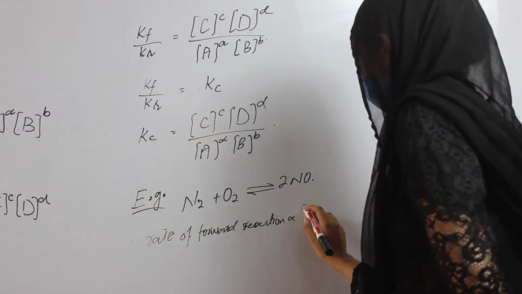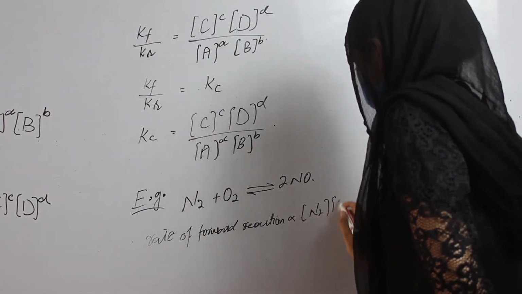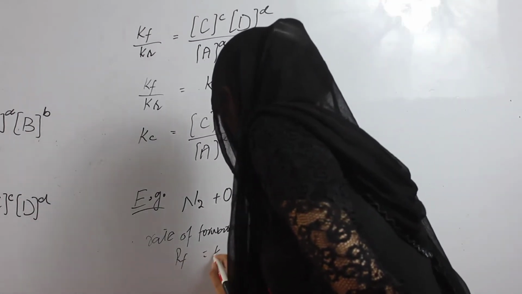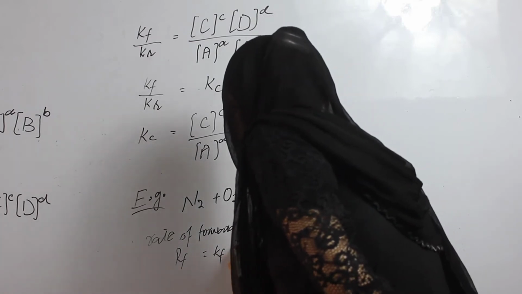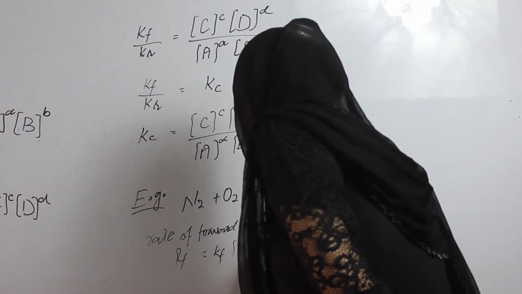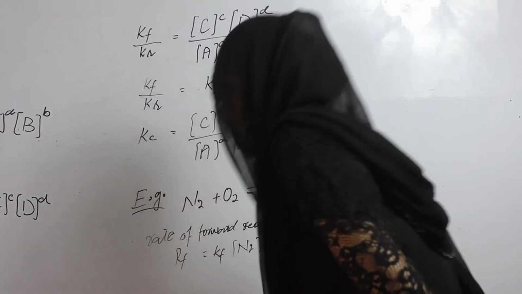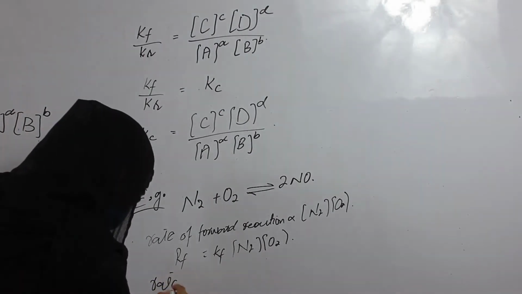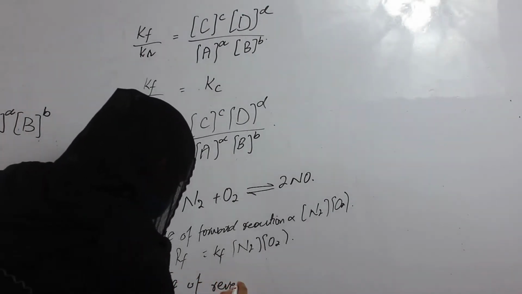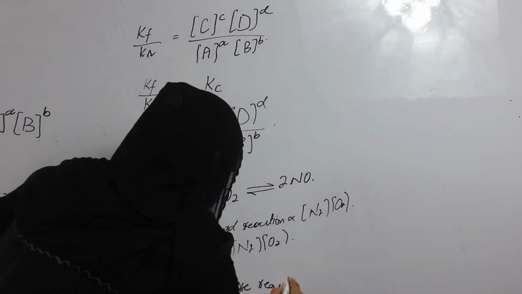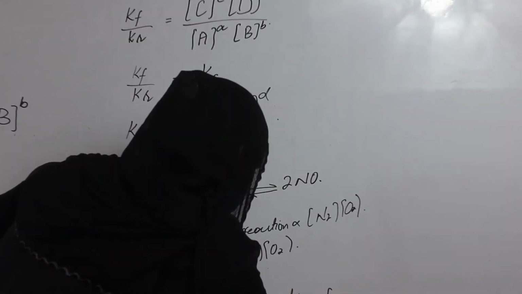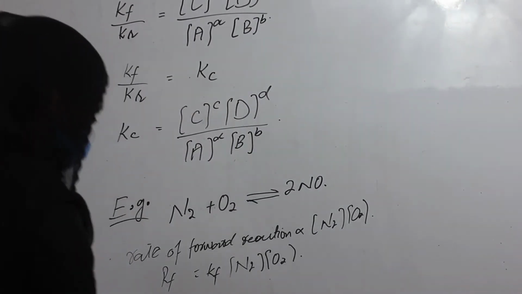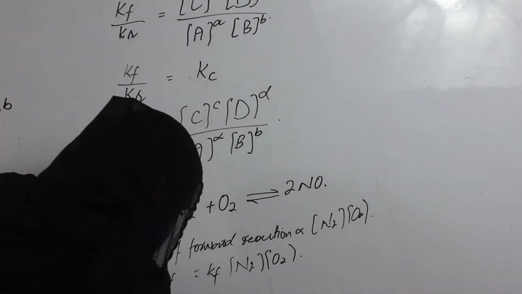That is directly proportional to the reactants. The proportionality sign changes to an equal sign. After that, the rate of the reverse reaction is directly proportional to the number of products. The proportionality sign changes to an equal sign.